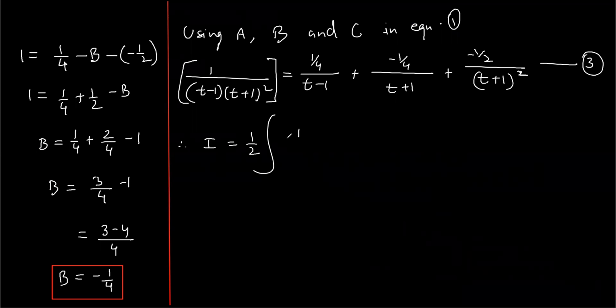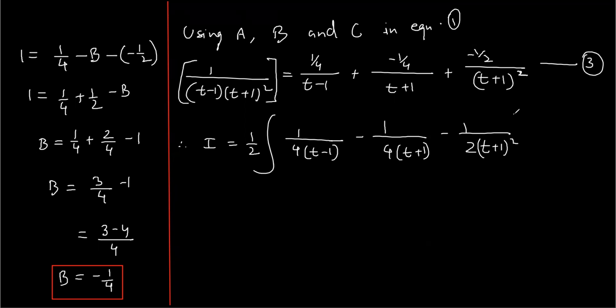It is 1 upon 4, this 4 will come down, 1 upon 4 into T minus 1, minus 1 upon 4 into T plus 1, minus 1 upon 2 into T plus 1 the whole square. Okay, it's a great achievement, students, because now you can integrate it very easily. So next step, now I write separate integrals.